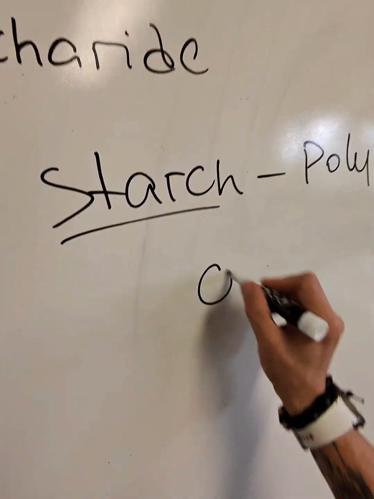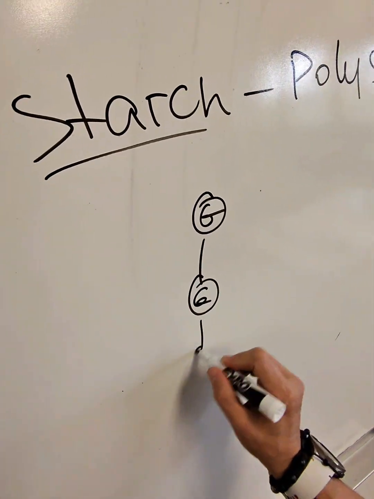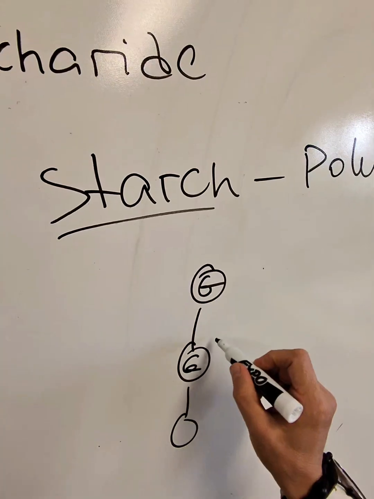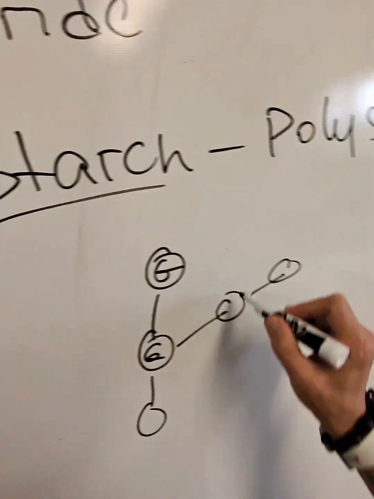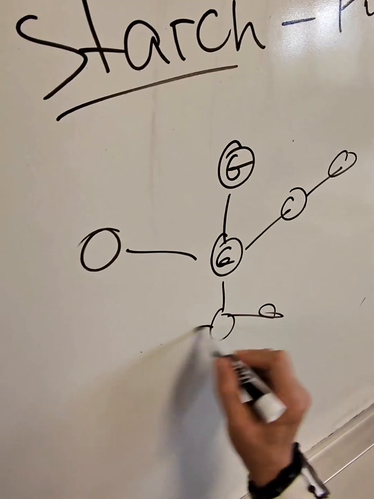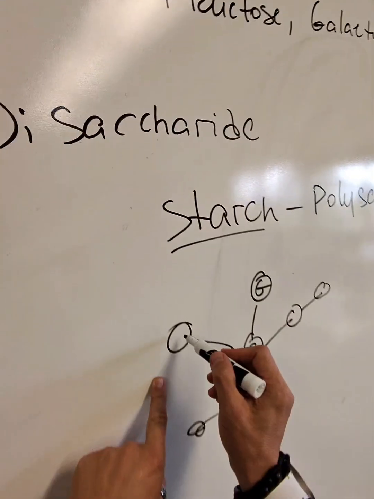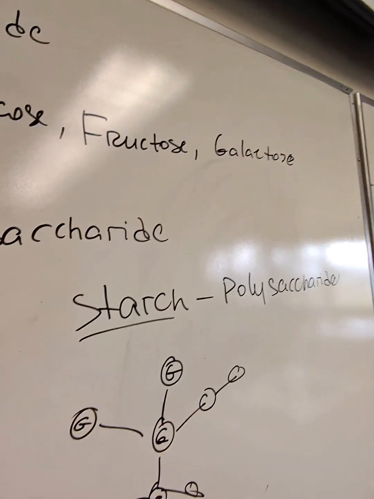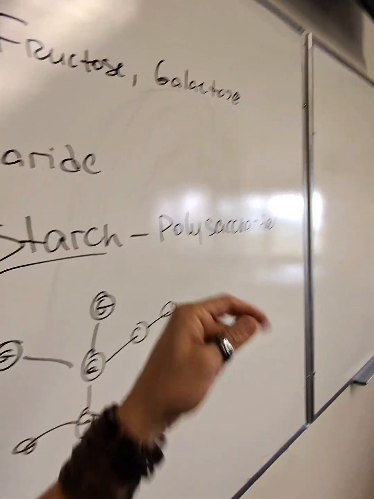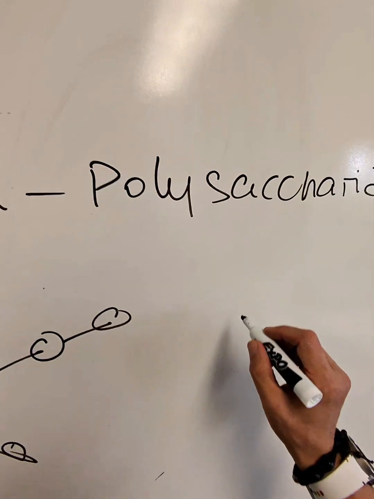So let's say that each circle is a glucose molecule, right? Like these diamonds, whatever. Glucose molecules. So starch is a polysaccharide, the form of sugar that's stored in plant products. Then there is also cellulose.